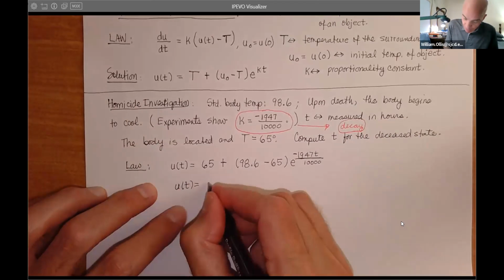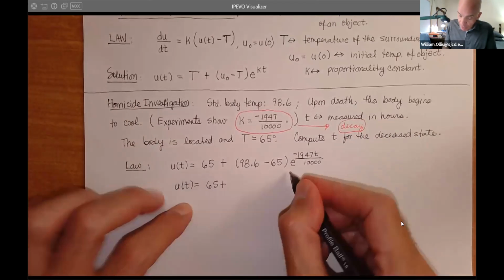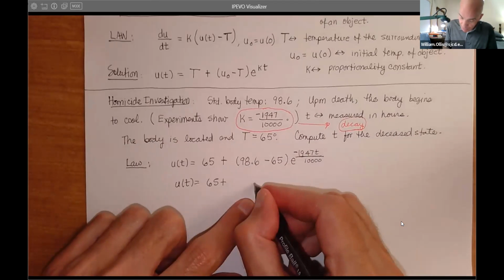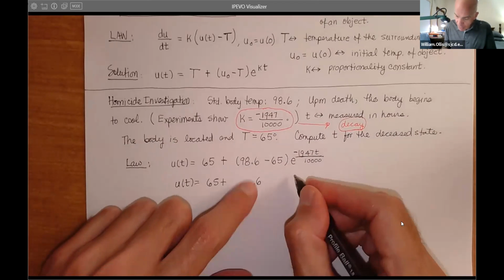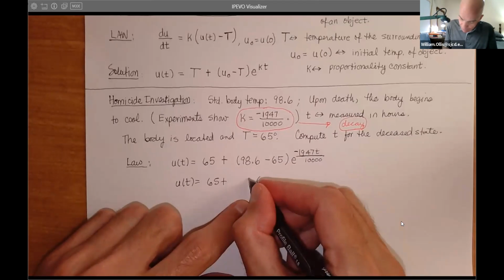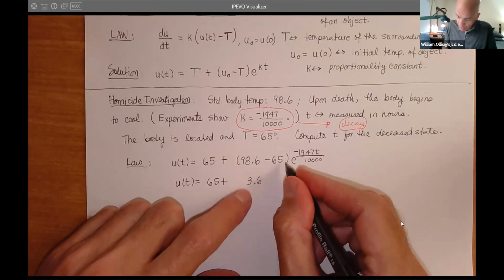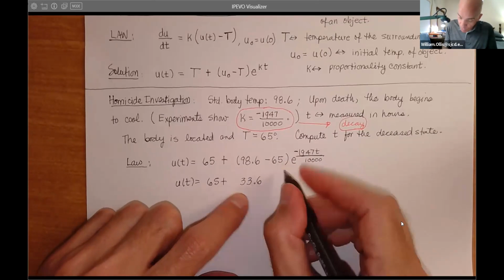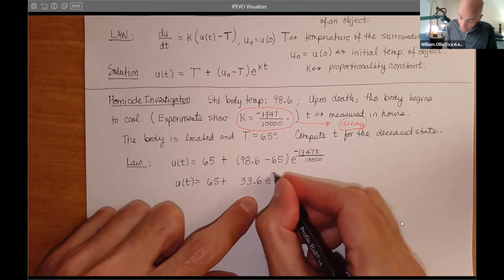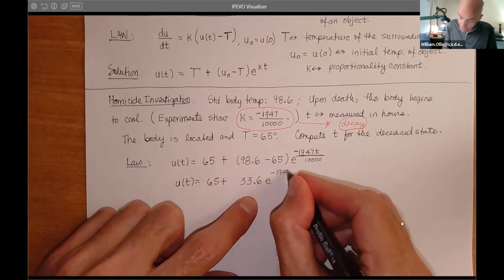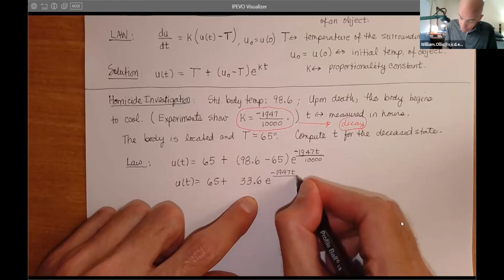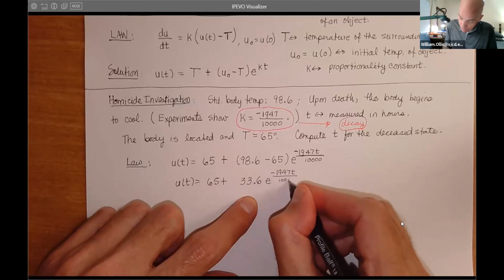So now let's go ahead and reduce this. So we get 65. And then of course here we get a 0.6. And then we have a 3. And then we have a 3. So we have a 33.6 E to the negative 1947 T over 10,000.